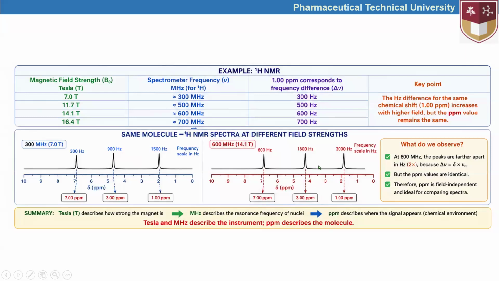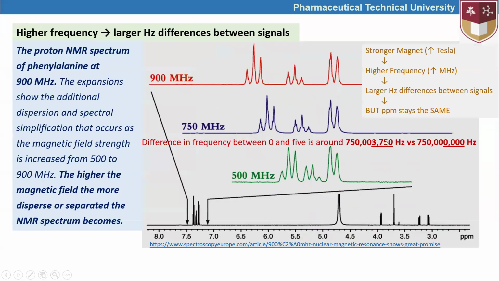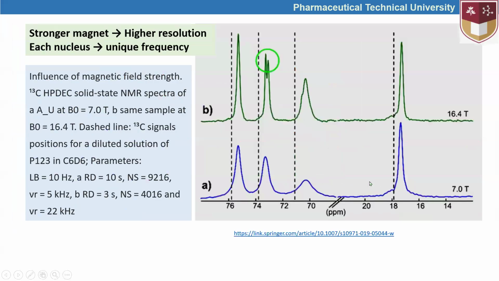So the parts per million unit does not change as we use different radio frequencies. Here we can see that larger hertz differences between signals result from the higher frequency, but ppm stays the same.